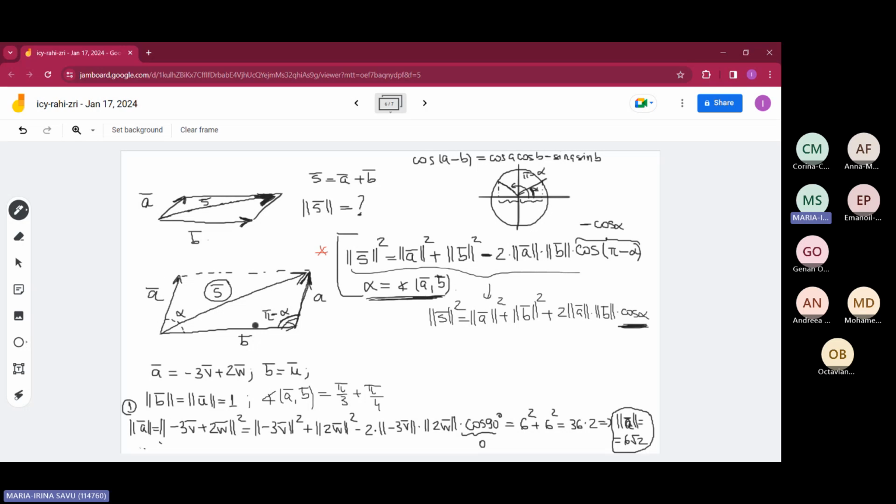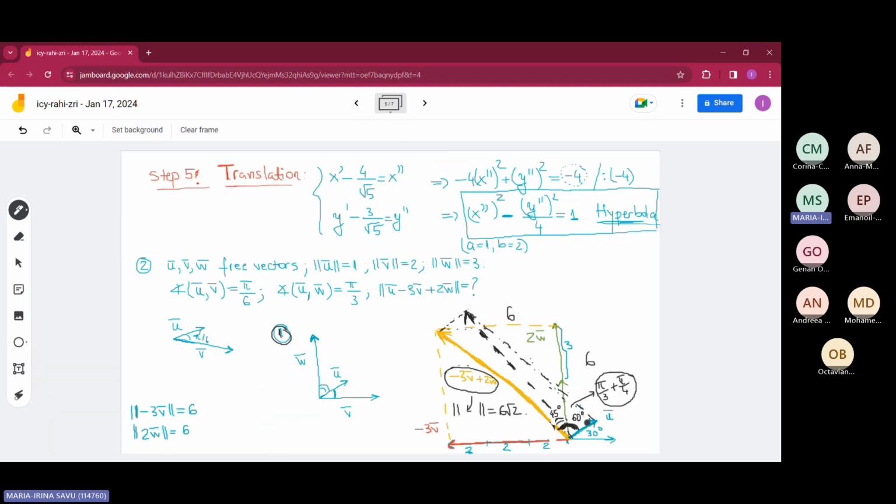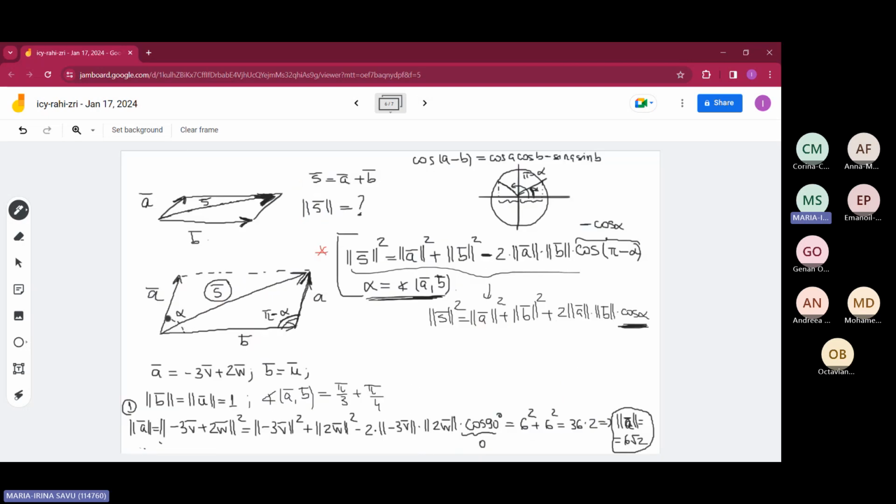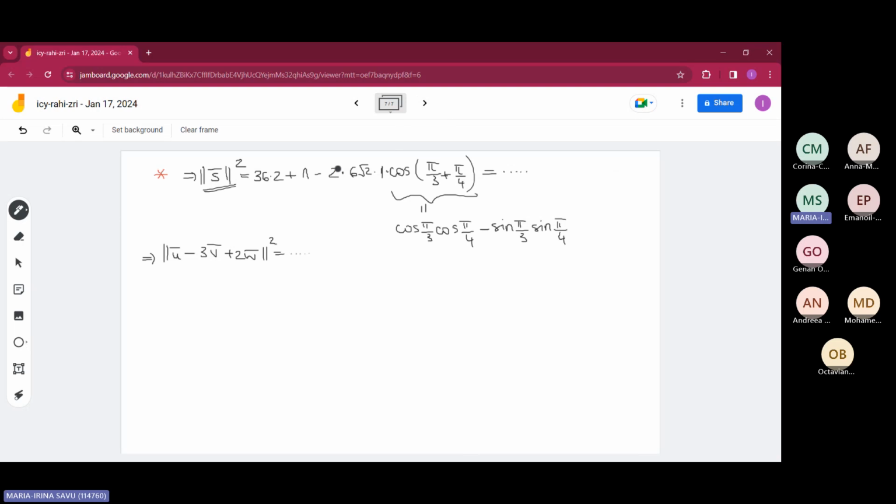So I didn't use this picture. I have found alpha from here because I know that this has 60, this has 45. So I know that alpha, which appears here, is pi over 3 plus pi over 4. So I have used this one. Okay, so I have written minus, right? Okay, this was the mistake because I have written minus. Yes, indeed, it was a plus.